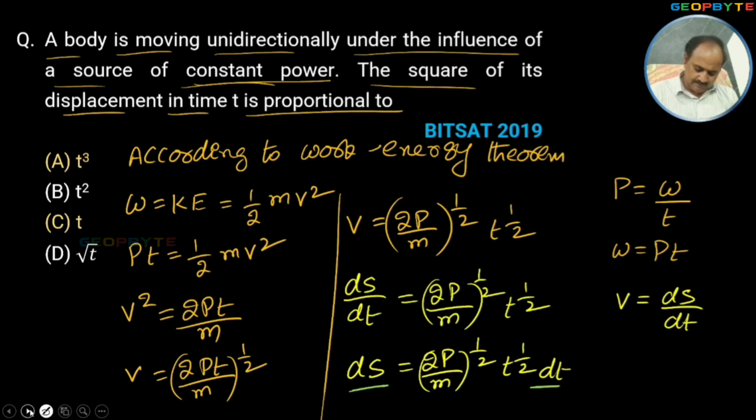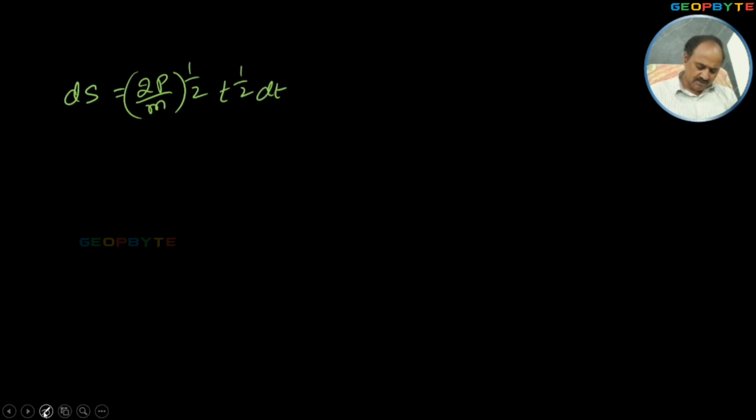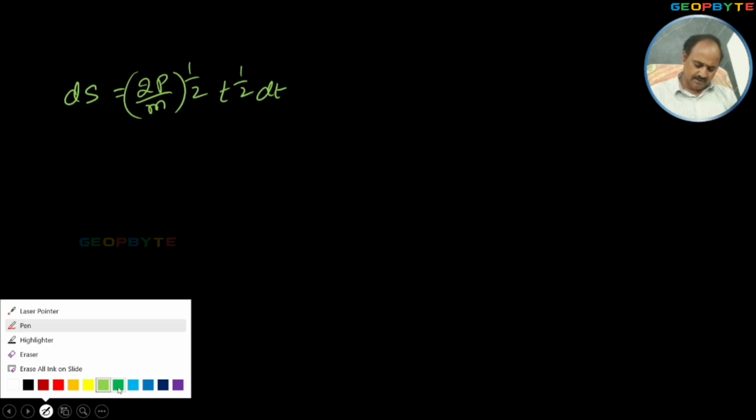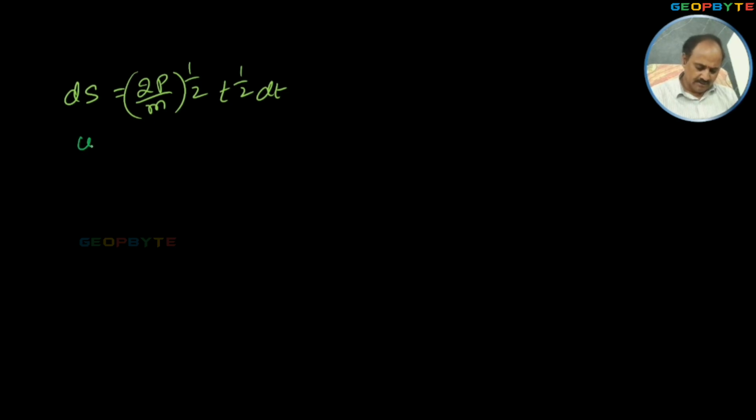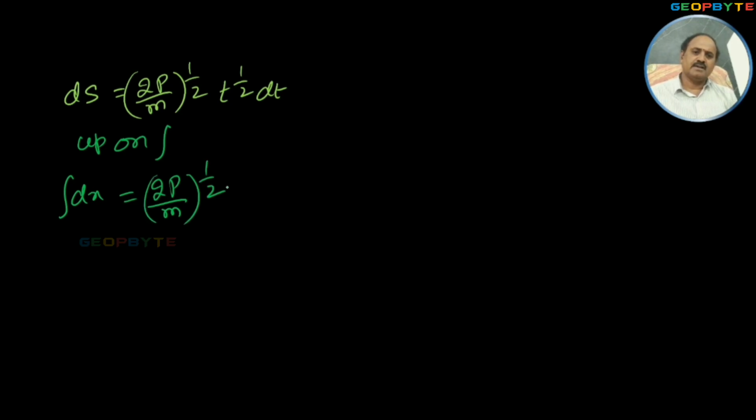Let us take another slide. ds you got (2P by m) power 1 by 2 into t power 1 by 2 into dt. Since that is a small displacement in a small time period dt, now let us integrate it. Upon integration, integral ds equals (2P by m) power 1 by 2, where 2P and m are constant. Constants can be written outside the integration: integral t power 1 by 2 dt.